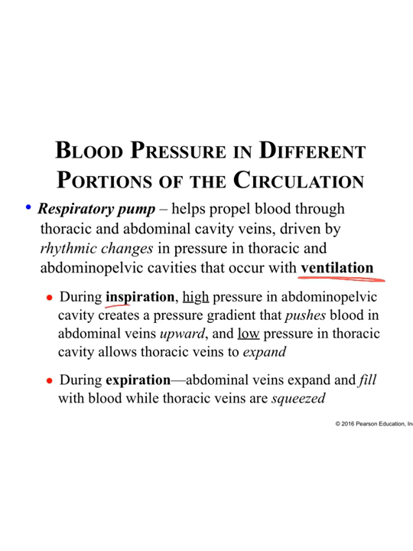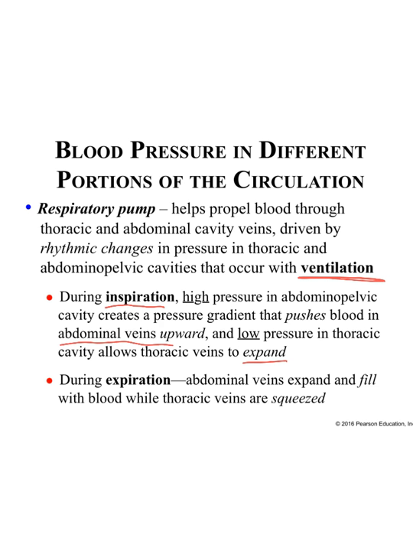So when you're breathing air in, inspiration, there's a high pressure in the abdominal pelvic cavity because the diaphragm is basically forcing down. And this pushes blood that's in those abdominal veins upward. There's lower pressure in the thoracic cavity, so this allows these to expand, therefore holding more blood.